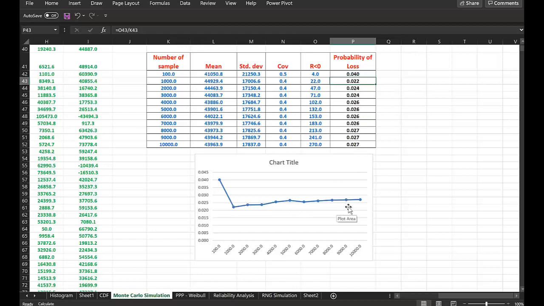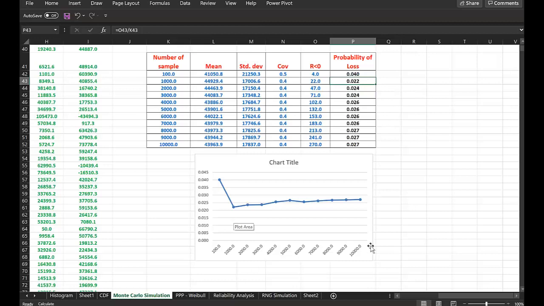So it's a little bit consistent. It looks like if I had taken 4,000 samples, or at minimum 10,000 samples, I should have got a relatively convergent result. So if I am only interested in probability of loss, 100 will not be sufficient, but 1000 sample size will be sufficient in this case.